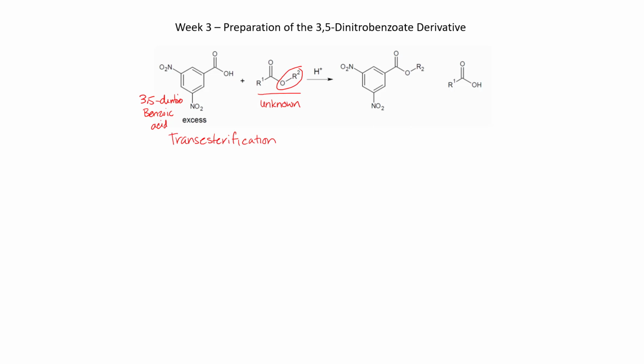Now remember, we made the ester from a carboxylic acid portion and the alcohol portion. What it would do is it would replace our carboxylic acid portion with the 3,5-dinitrobenzoic acid, and then this part would be from our ester. And this carboxylic acid would also be from our ester.